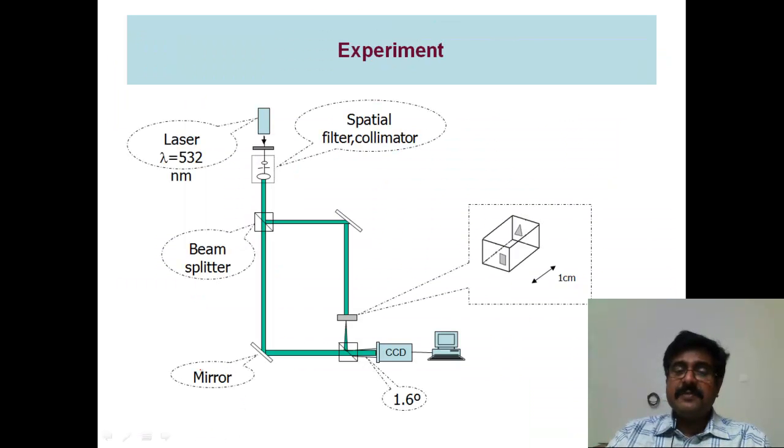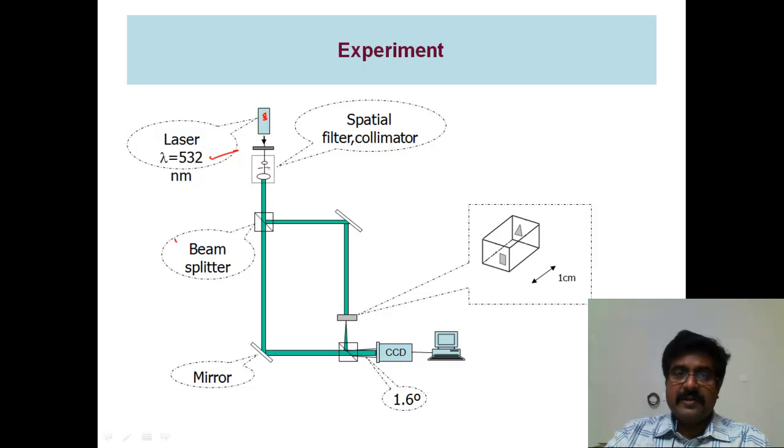So as a first step, we see the recording and reconstruction, or sensing and retrieval, of three-dimensional object information. The figure shows the Mach-Zehnder geometry, in which a laser emits a wavelength of 532 nanometer.